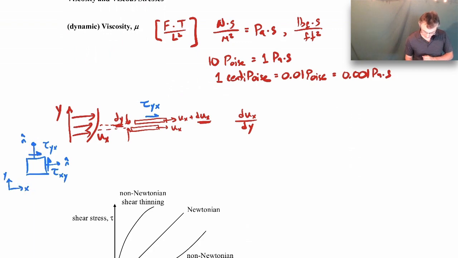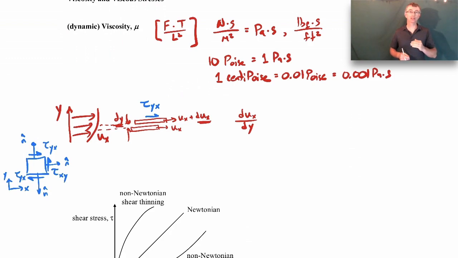If I'm on the bottom, this would be a negative face because the normal vector is in the negative y direction. So a positive stress on a negative face points in the negative direction. So down here, this stress is again a tau yx stress, and I've shown it here as pointing in the negative direction, being a positive shear stress on the negative face, because positive stress on the positive face points in the positive direction.